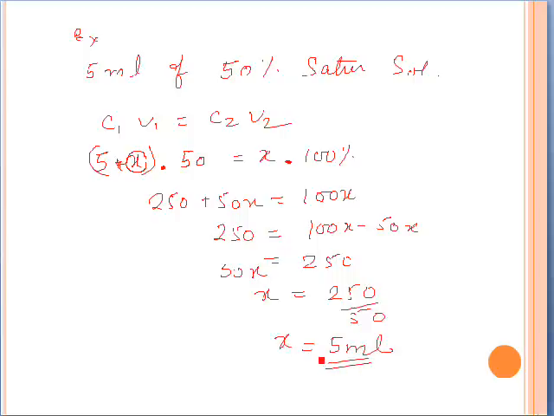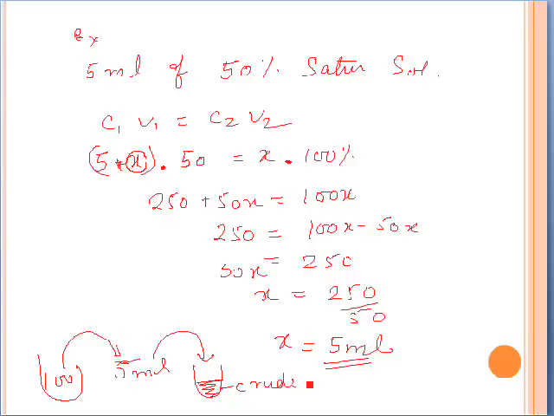So here we take 5 ml of the 100% saturated solution of ammonium sulfate and add it to 5 ml of our protein solution, or crude extract. So it becomes 50% saturated with ammonium sulfate. Okay.